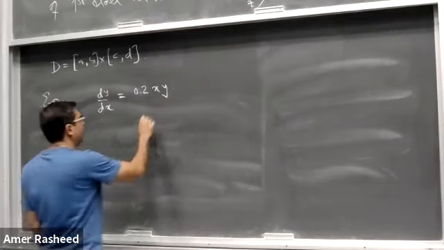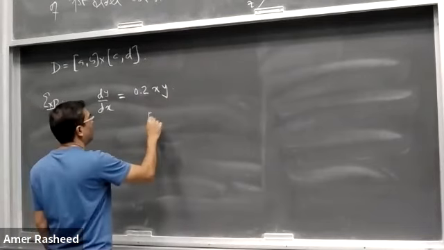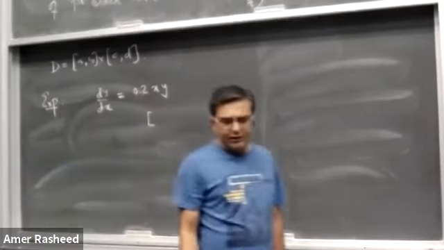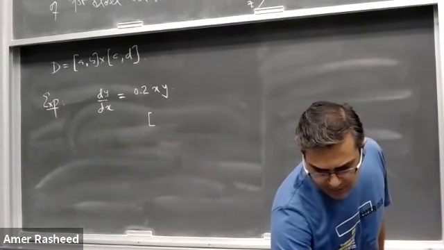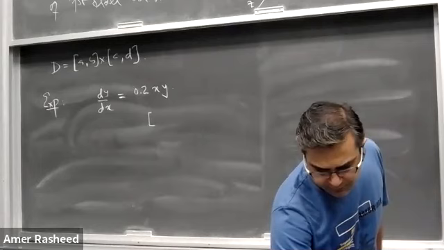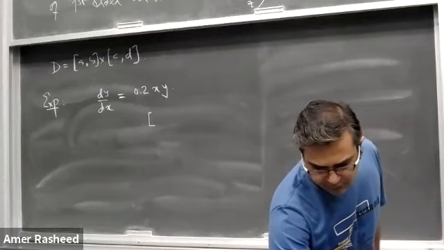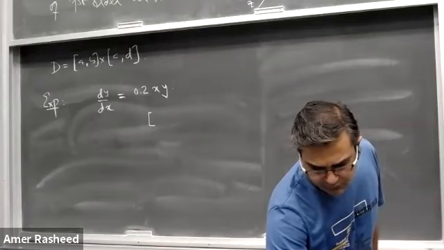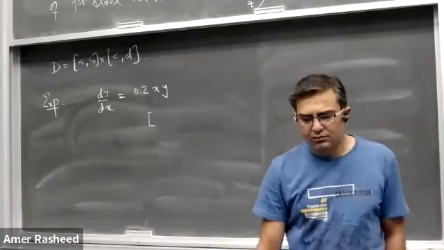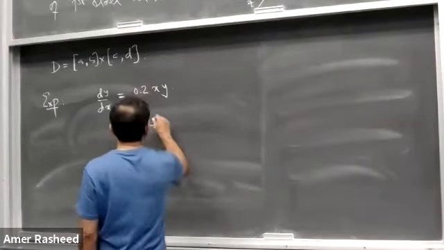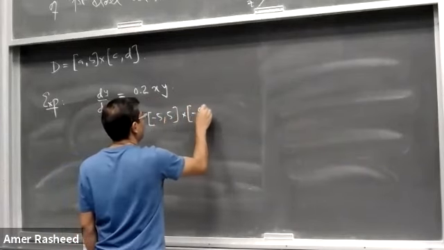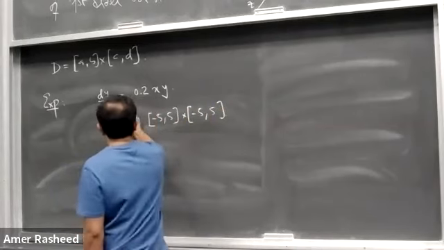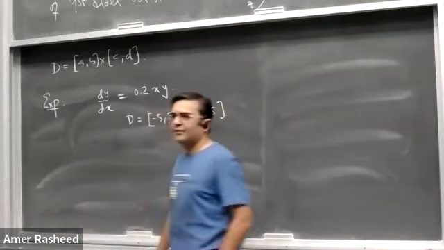And the domain is, what is given as the domain here? Boom. -5 to 5 cross -5 to 5. This is the domain of this differential equation.